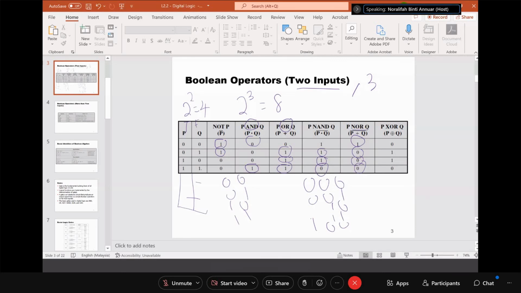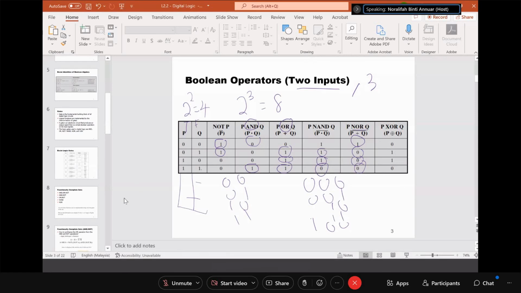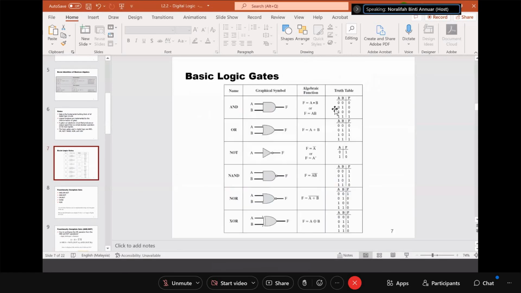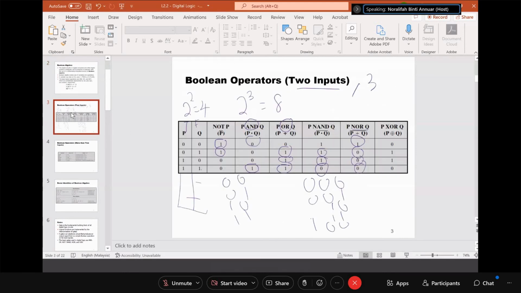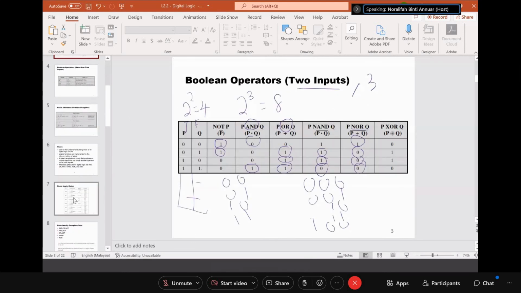That is what I wanted to explain. The rest of this lecture will be delivered by Dr. Johari, but I will give you the link, so it will be asynchronous. This is the most basic part. You have to understand this part, then you'll be able to understand all of the slides. This is the example. It's the same as what I just explained. Lecture slide number 3 is the same as lecture slide number 7.